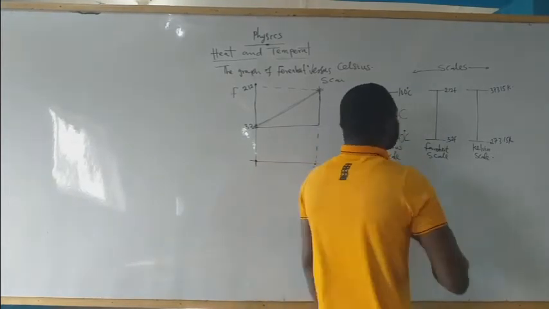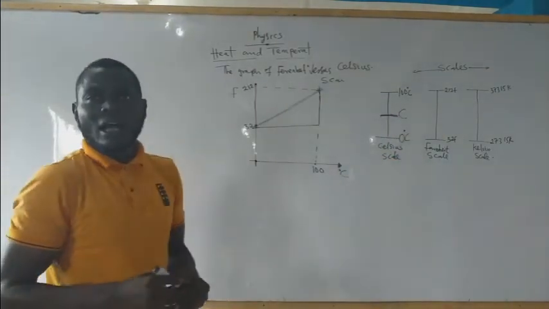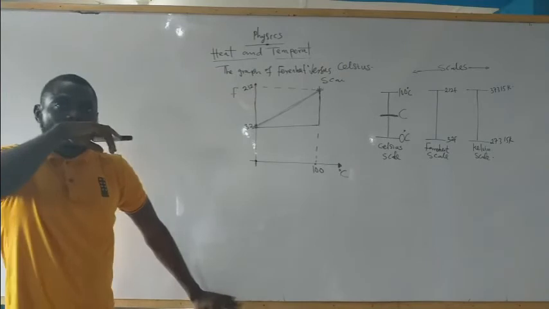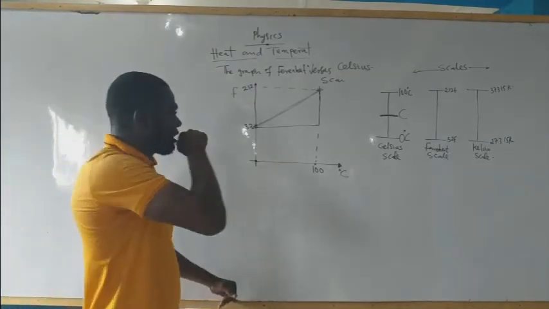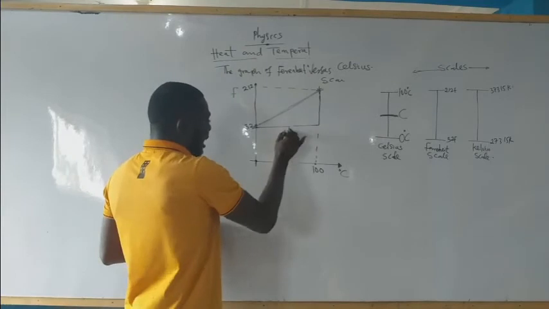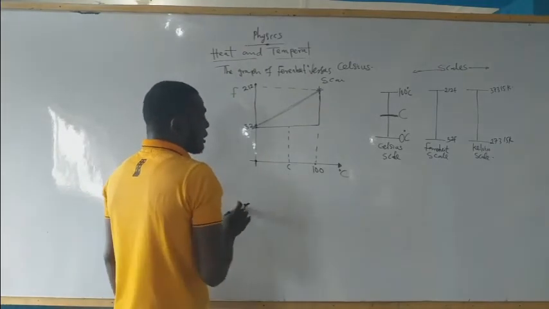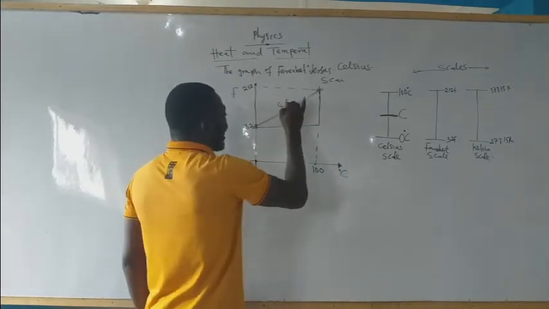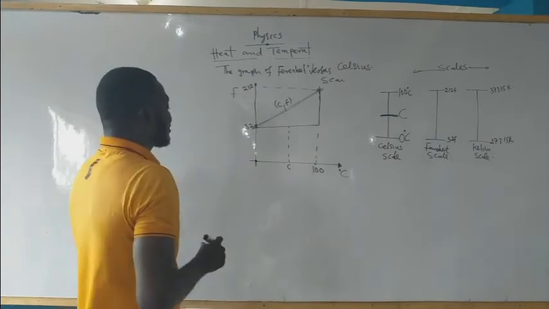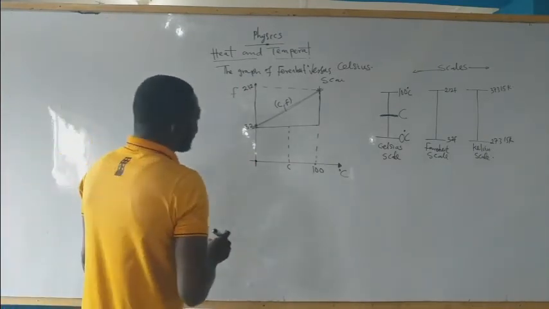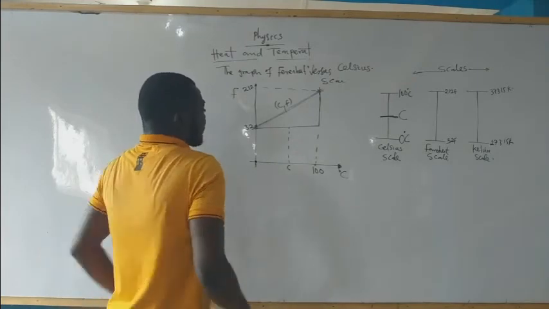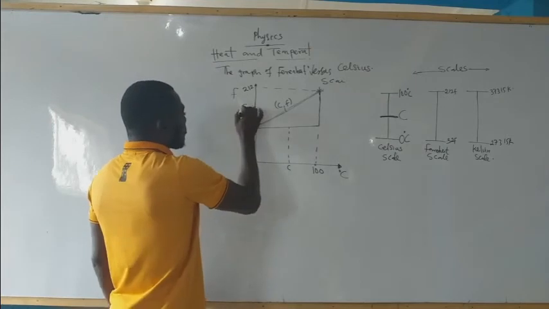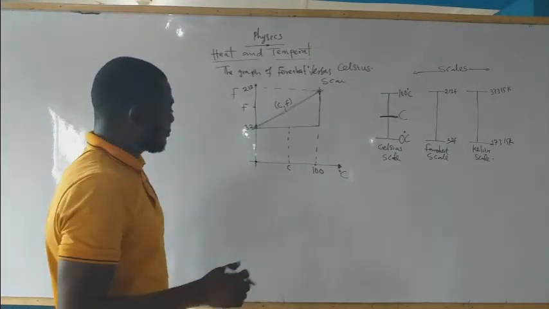Let's call the middle temperature C. If that is C, it means this side will be C against F, C and F. So we can call the midpoint of this also F. That's F. This is 0.